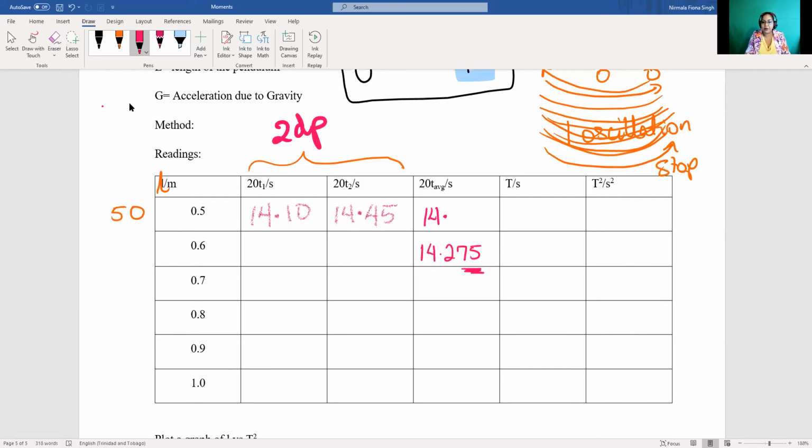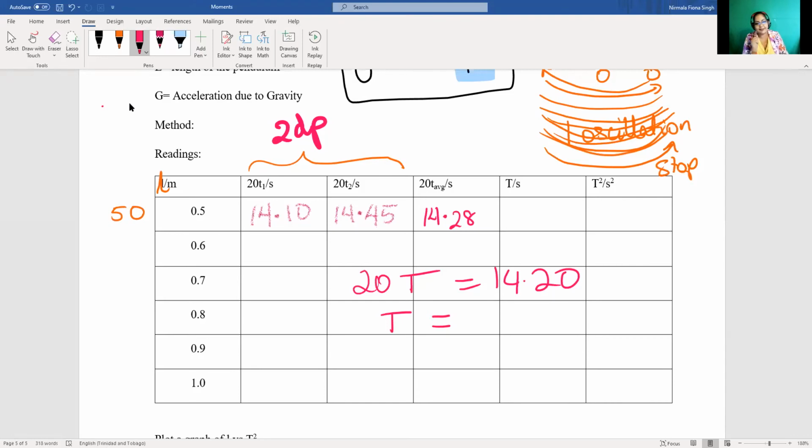And we know we round up a number when we're 5 and greater. So it's going to be 2, 8. So now I have 20T is 14.28. So if 20T is equal to 14.28, how am I going to find T? Anybody?